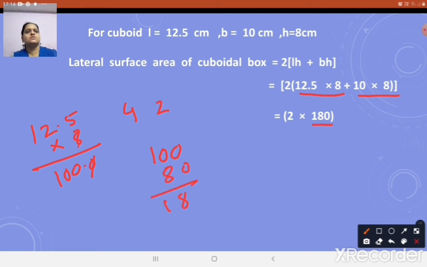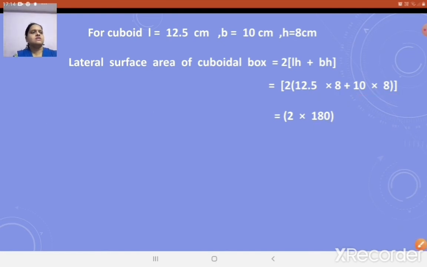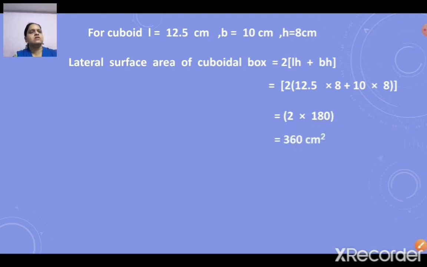So total is 180. Is it correct? So we got the answer here as brackets 180. Then multiply by 2, 18 2s are how much? Yes, 18 2s are 36 and with 0 it will become 360 centimeter square.